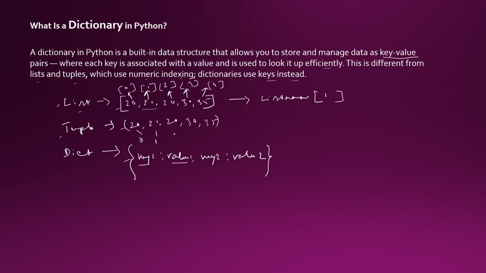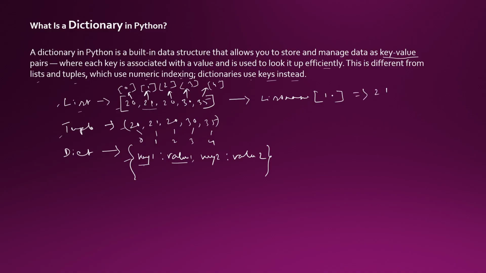This is 0, this is 1, this is 2, this is 3, this is 4, right? In the same way, a tuple also has 0, 1, 2, 3, 4. Then if we call our list name and pass any index position, suppose 1, then this 21 will be our output, right?